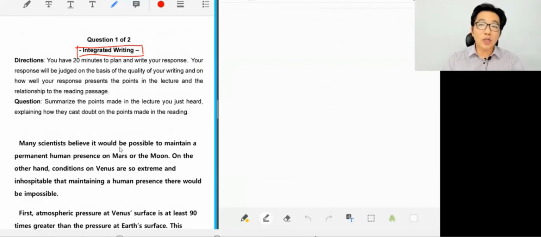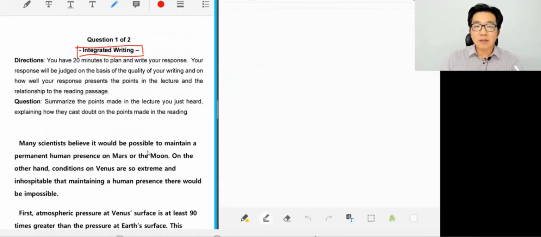But don't worry too much, because even after 3 minutes, you will be able to see the reading passage throughout the whole 20 minutes of writing this essay, okay? And after 3 minutes, the listening passage will be played only once, in real time. So you need to write notes on the listening passage.